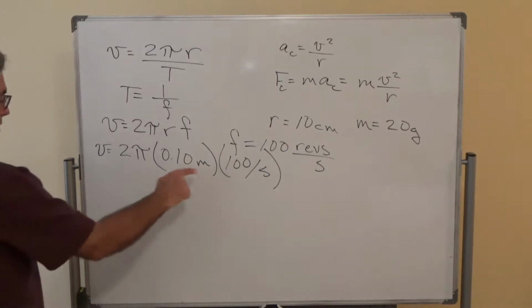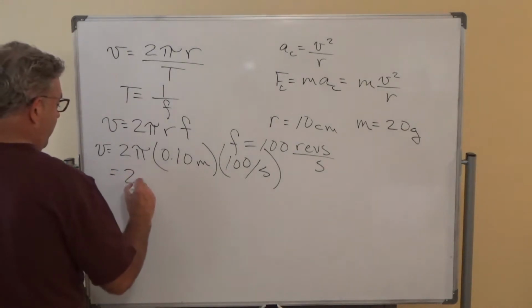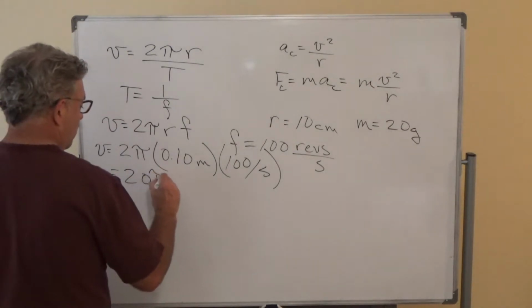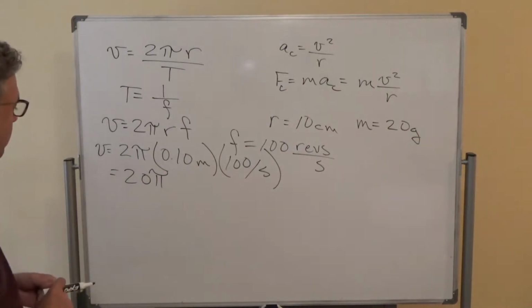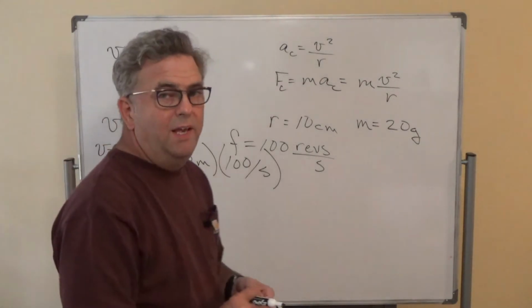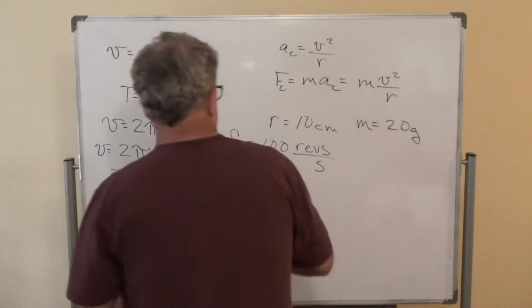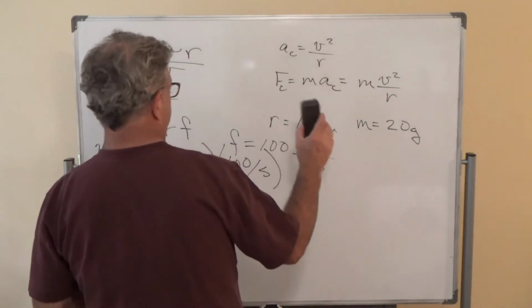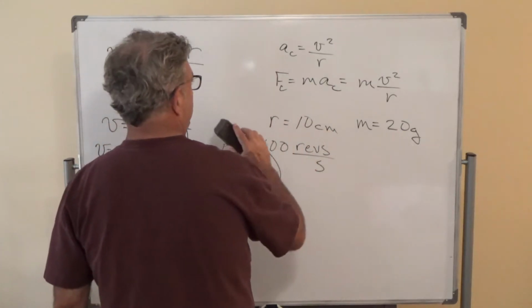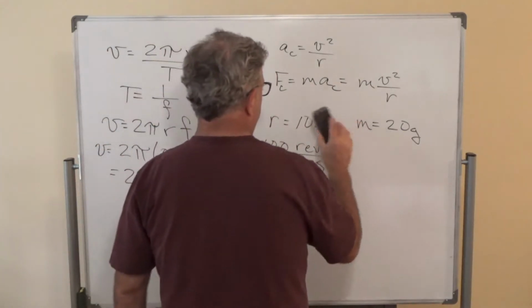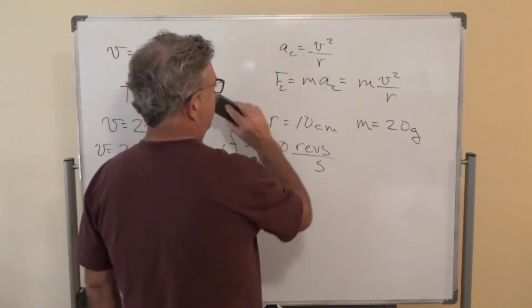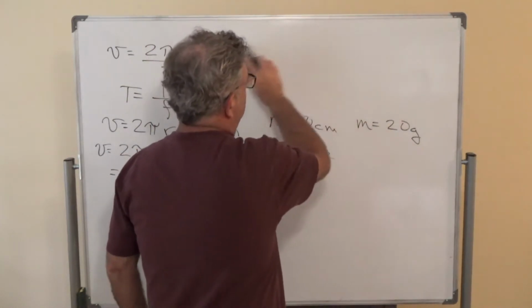So this is equal to 20 pi. So V is equal to 20 pi. I'll plug that in. I'm not doing very good with my board work today, but okay.